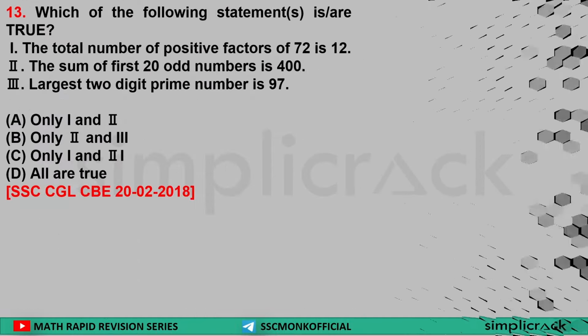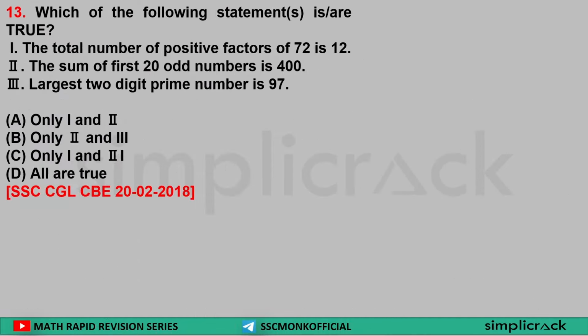Next, which of the following statements is or are true? The total number of positive factors of 72 is 12. The sum of first 20 odd numbers is 400. Largest two-digit prime number is 97. Clear? That's it? Yes. Now first thing, largest two-digit prime number is 97. This is basic, we know. So this is true. Right?